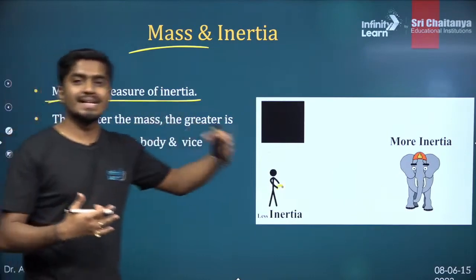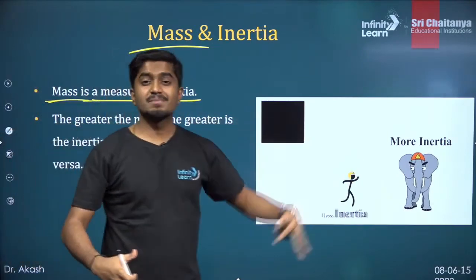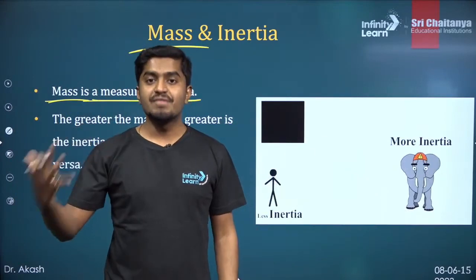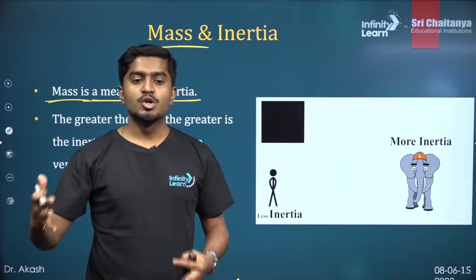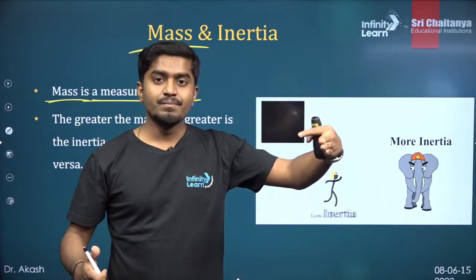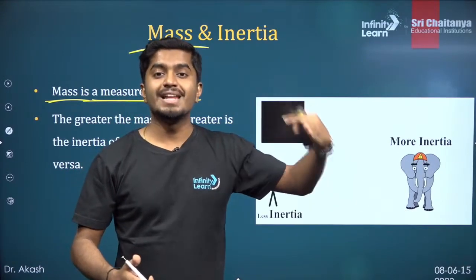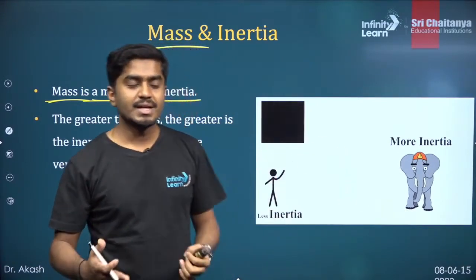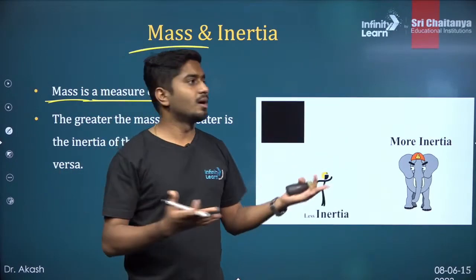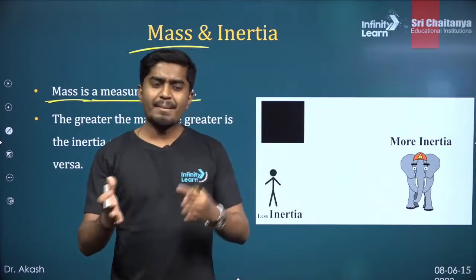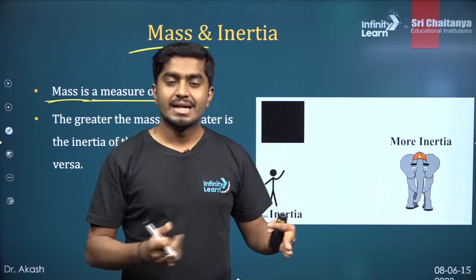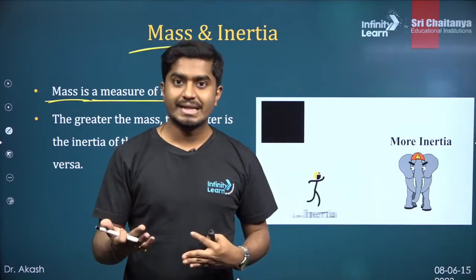If the mass is greater, for example, an elephant is much bulkier, much heavier. So mass is more. If the elephant starts running, it would be very difficult to stop it, right? But if a rabbit is moving, the rabbit can stop very quickly. The rabbit can change direction very quickly.